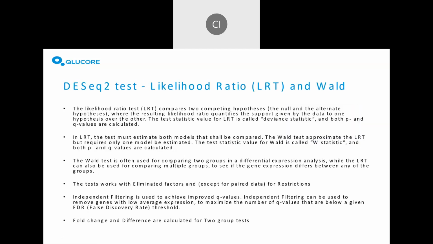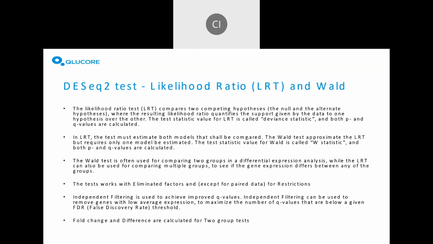And here we have got a number of tests. We have got likelihood ratio tests and Wald tests that you can select in between. They are a bit different. In LRT, likelihood ratio test, you compare two competing hypotheses, the null and the alternative hypothesis, and then you use the quantification that you get from the test to give you information about which of those are the best supported in your data.